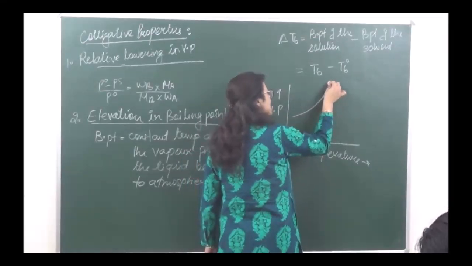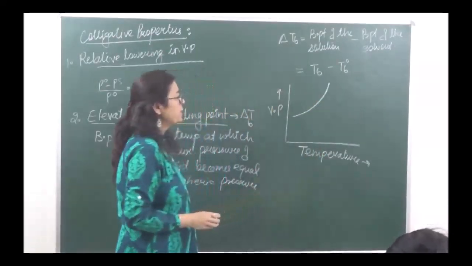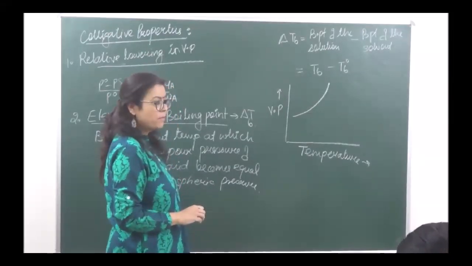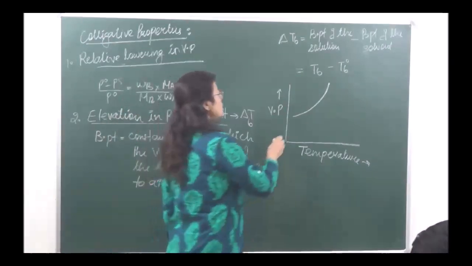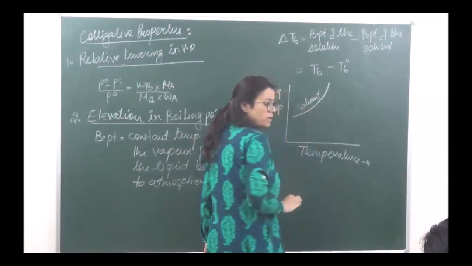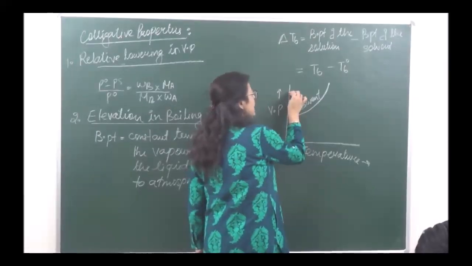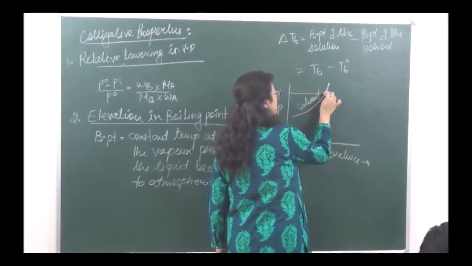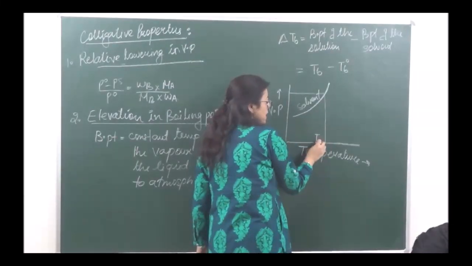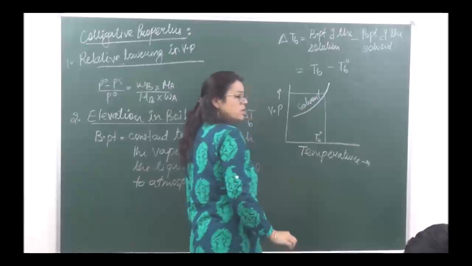So let's say that the graph for the pure solvent comes like this. As the temperature is increasing, the vapor pressure is also increasing. So this is the graph for pure solvent, right? And the temperature at which the vapor pressure becomes equal to atmospheric pressure is denoted by Tb naught.